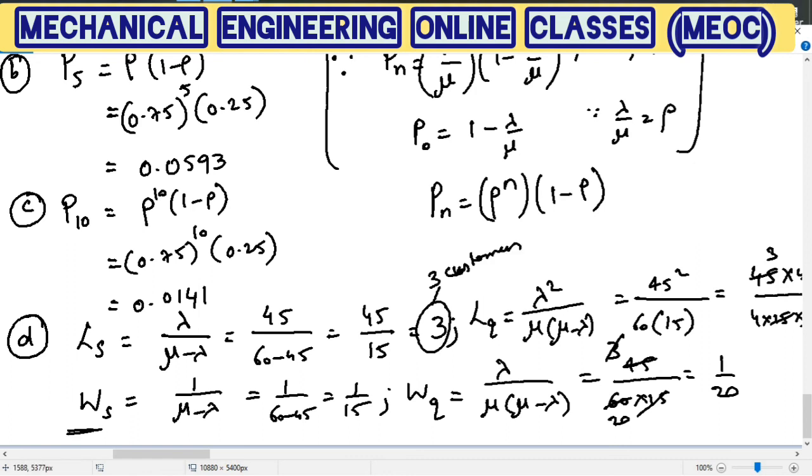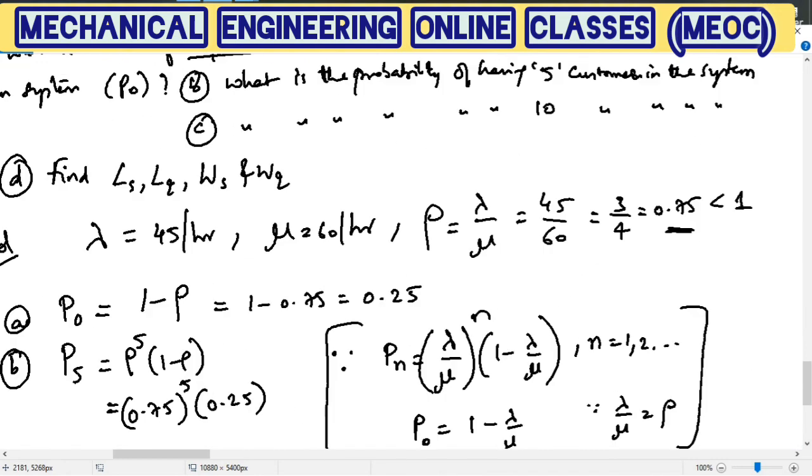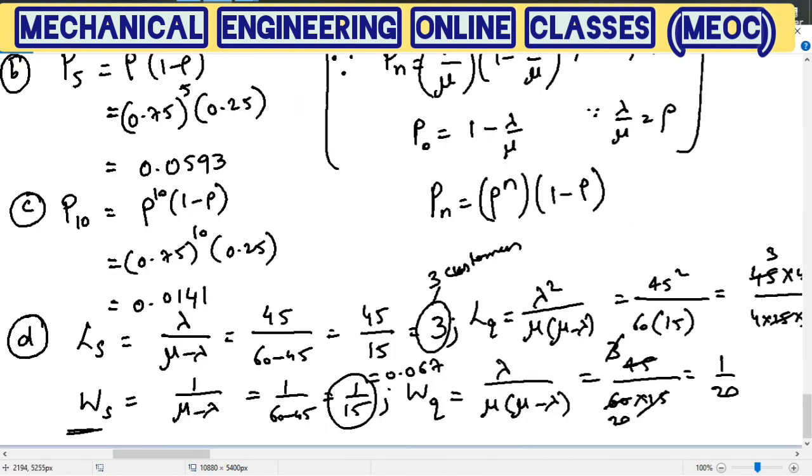WS is the total time in the system. The total time means from arrival to departure. How much is this? It is 1 by 15, which is nothing but 0.067. Everything is in terms of hours, right? All the given data. So this is hours. And WQ is also 1 by 20, which is nothing but 0.05 hours.